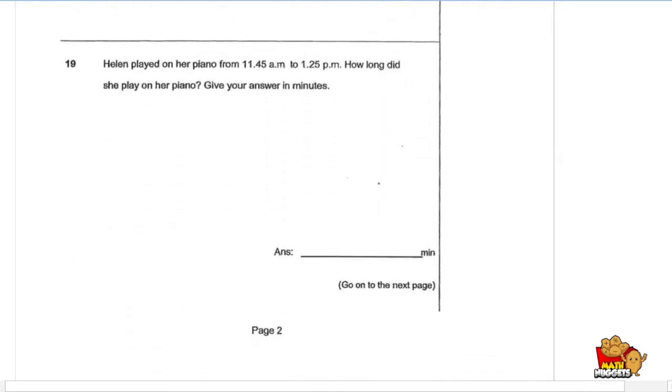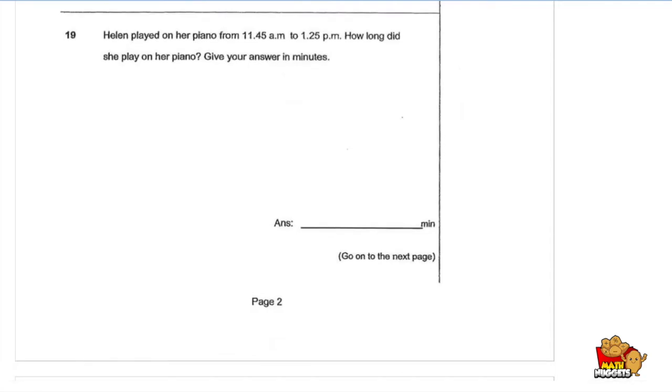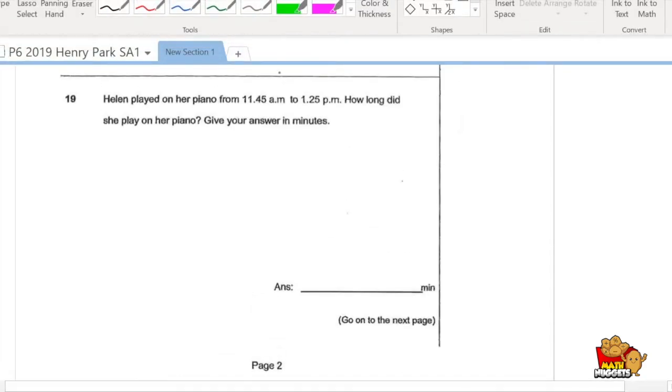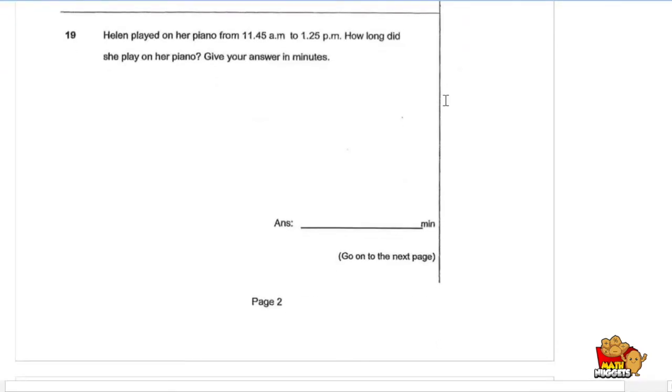Question 19, let's draw a timeline to count the time. So Helen played the piano from 11:45 to 1:25.